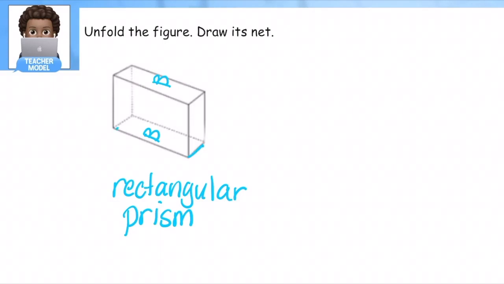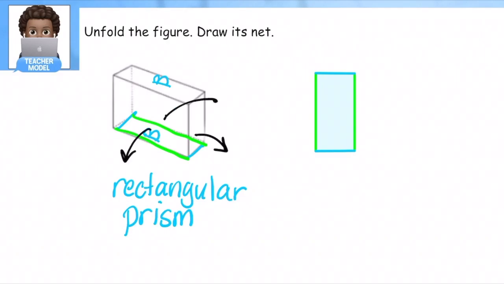So what we're going to do is draw this rectangle, and the 2 short sides. And I can see when I'm unfolding it, I'm going to have 4 rectangles, but don't forget I'm also going to have another base. So I have to add that into my drawing.